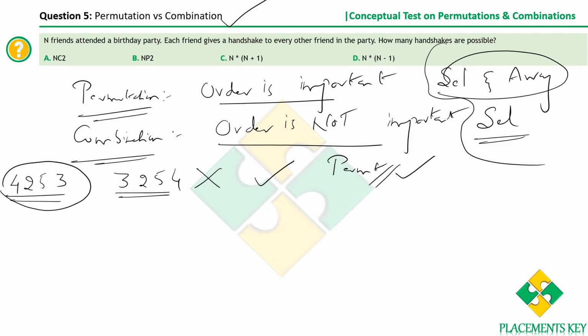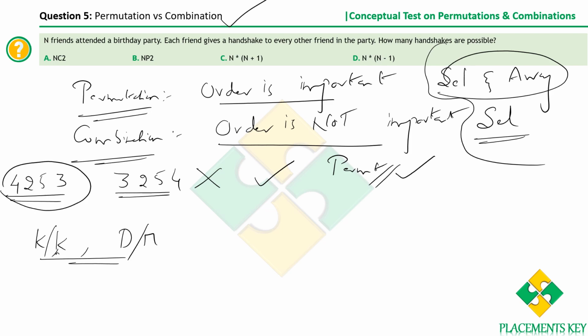Now you go to a shop and you ask the shopkeeper to give 2 chocolates. Let's assume you want to buy a Kit Kat chocolate and a Dairy Milk chocolate. Now does it matter if he gives you Dairy Milk first or Kit Kat first? You don't ask him to first give Kit Kat and then Dairy Milk, or vice versa, right?